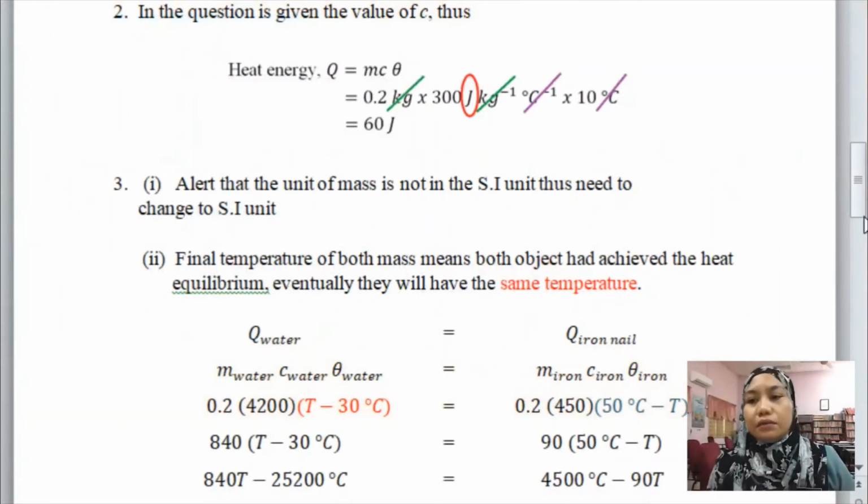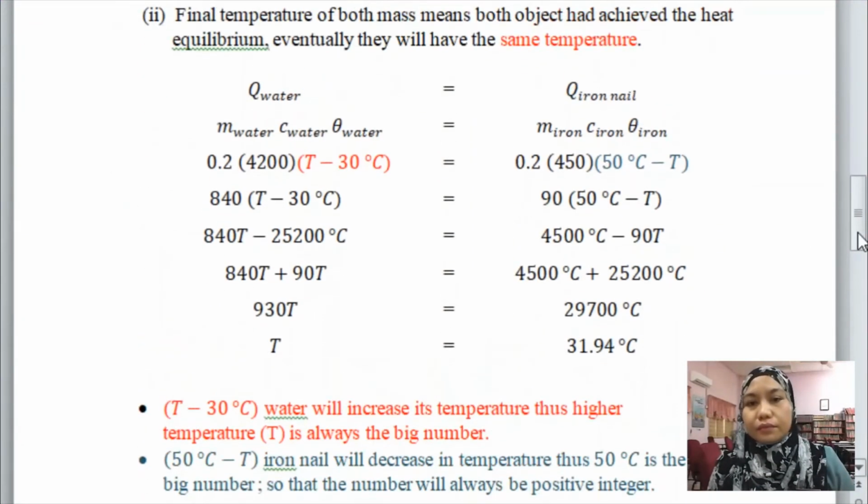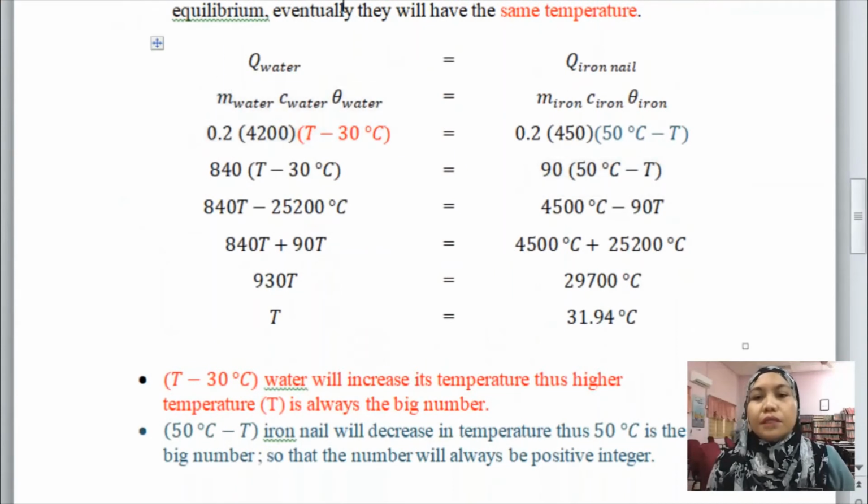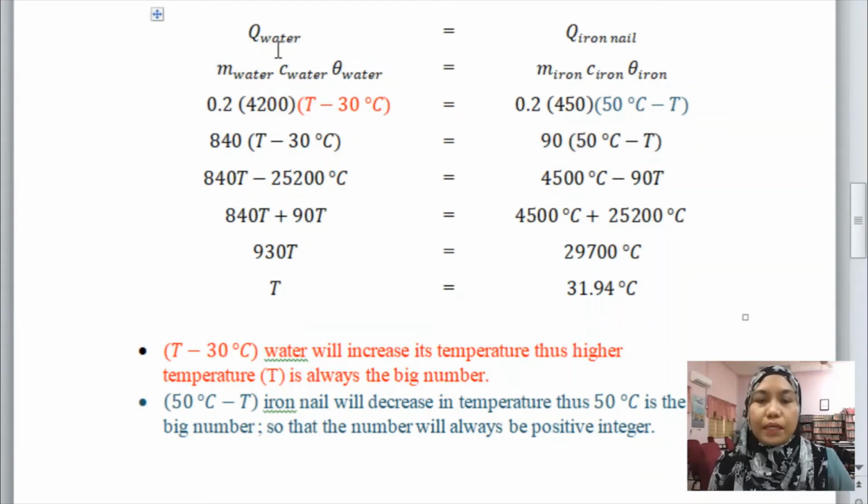The final temperature of both masses means both objects have achieved thermal equilibrium, so eventually they have the same temperature. When they have the same temperature, the heat energy of water is equal to the heat energy of the iron nail.